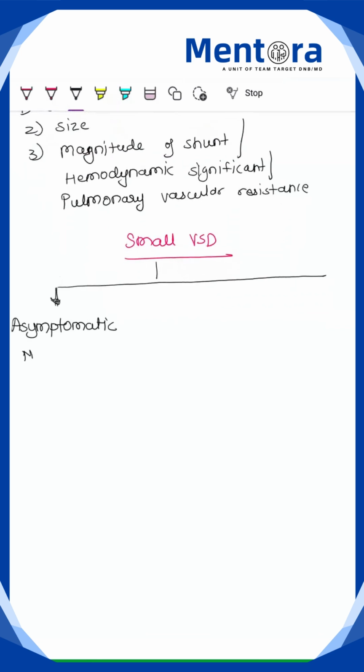When there is normal pulmonary arterial pressure, or there can be normal left heart chambers, and there is no sign and symptom in the patient.